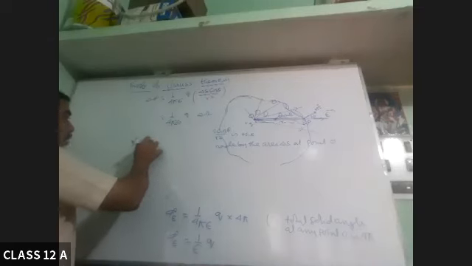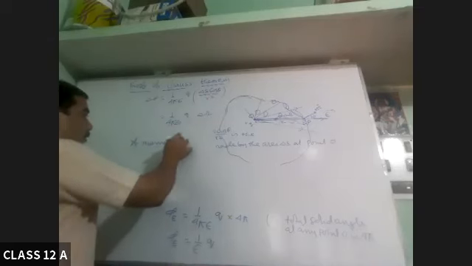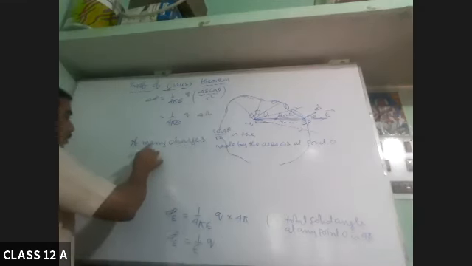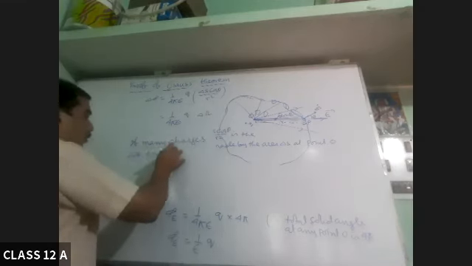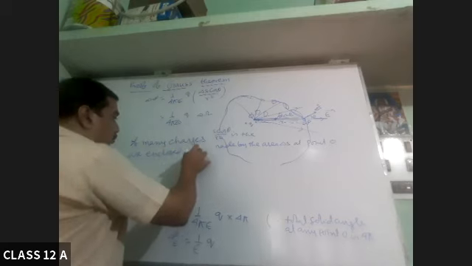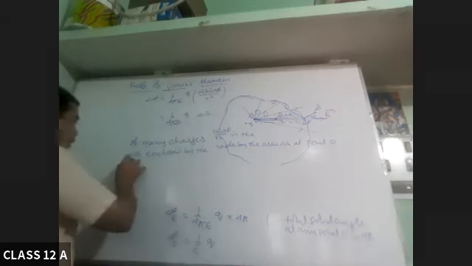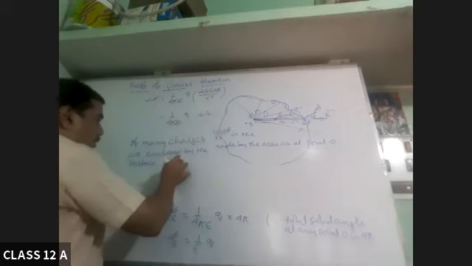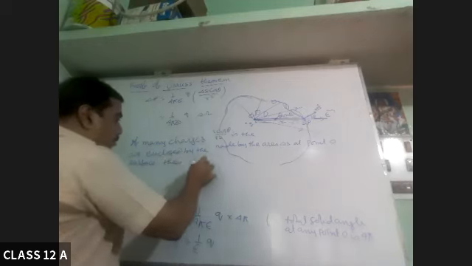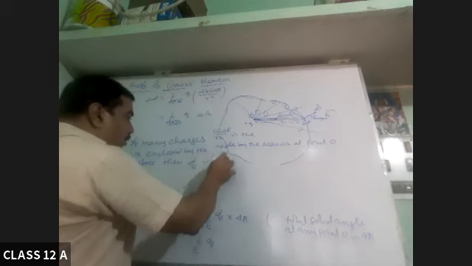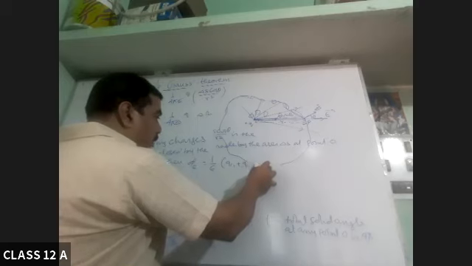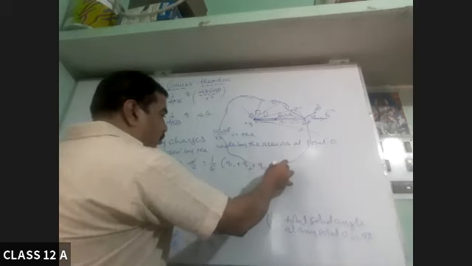So if many charges are enclosed by the surface, then how much will this phi be? 1 by epsilon times Q1 plus Q2 plus Q3 plus whatever it is.